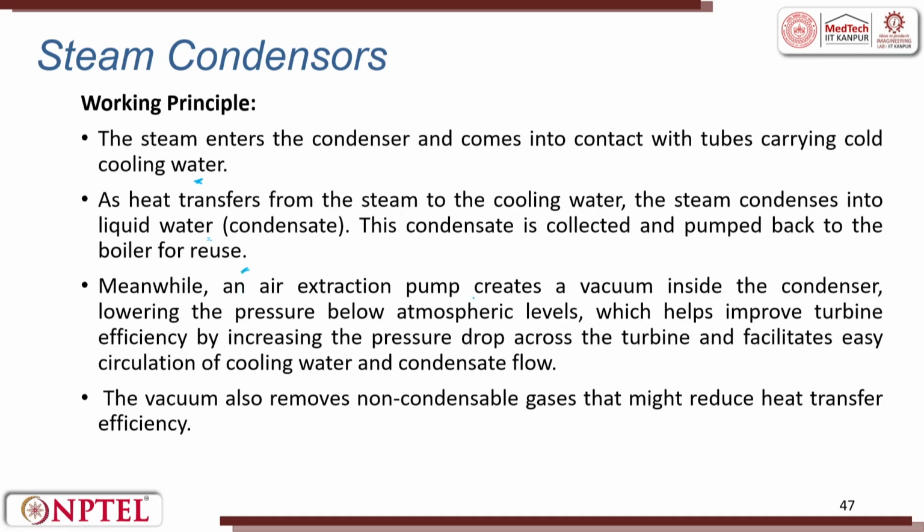Meanwhile, the air extraction pump creates a vacuum inside the condenser, lowering the pressure below atmospheric level, which helps improve turbine efficiency by increasing the pressure drop across the turbine and facilitating easy circulation of cooling water and condensate flow. This point is very important. This is how a steam condenser works.